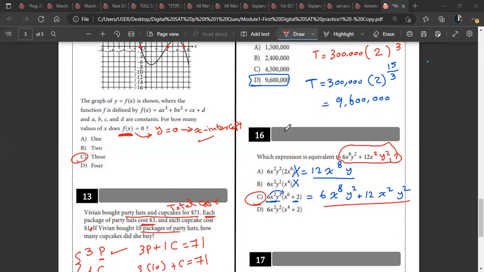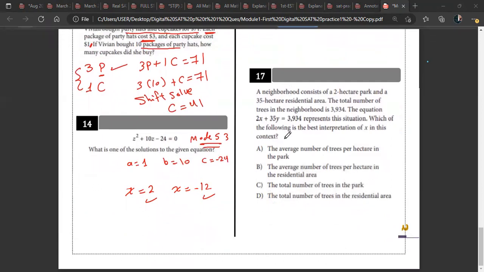Okay. The last question here, question number 17. A neighborhood consists of a 2-hectare park and a 35-hectare residential area.